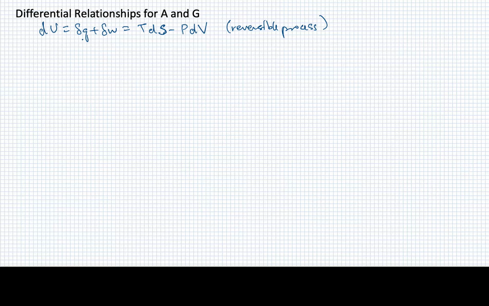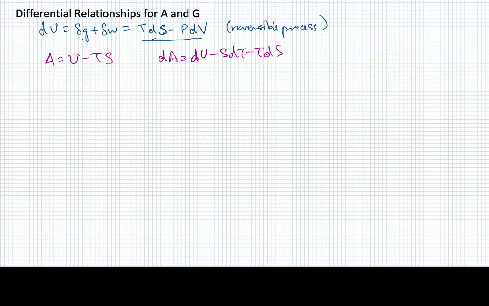All right, but now I can use this essentially as the starting point for writing similar things down for both the Helmholtz energy and the Gibbs energy. So let's start with the Helmholtz energy. So I might write the Helmholtz energy as U minus TS. And when I do so, that means I can write dA is equal to d of U minus TS, or dU minus S dT minus T dS.